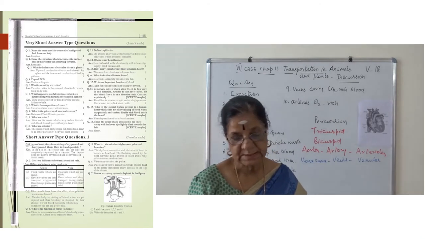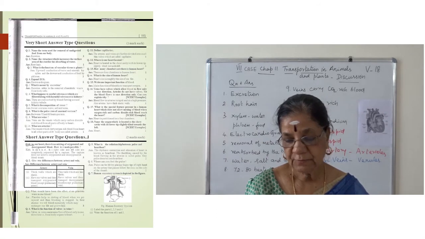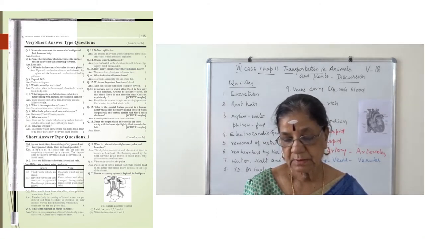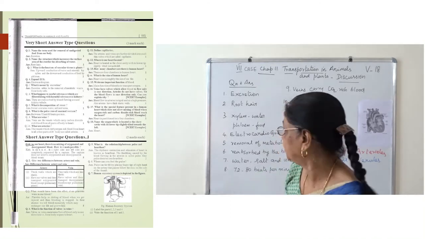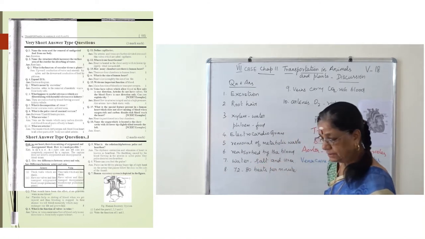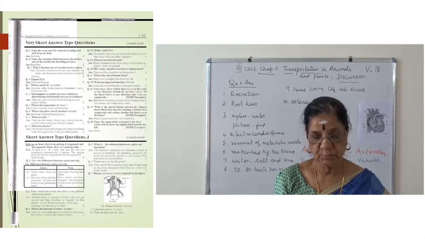That's the answer. What happens to the useful substances which are filtered with harmful substances? They are reabsorbed by the blood flowing around the kidney tubules.